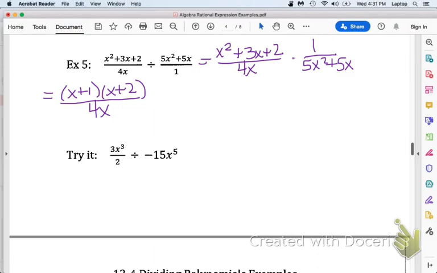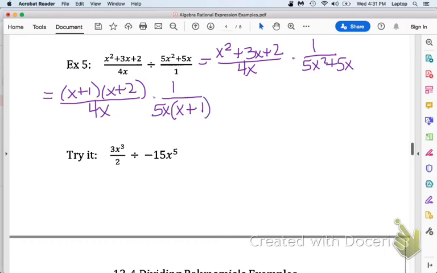So keep the first one. We already changed the second. Now we're just going to factor the denominator. It's not a difference of 2 squares, but there is a common factor of 5x. So if I factor out a 5x, I'm left with an x plus 1.